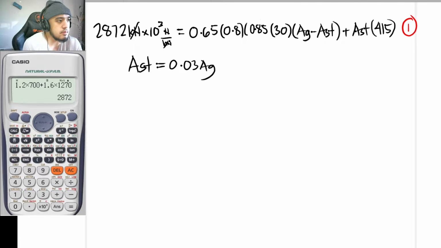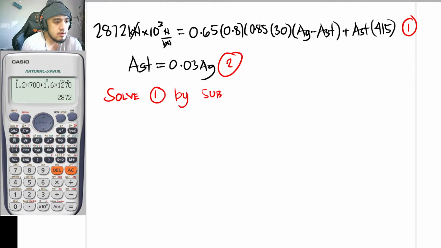This is my equation number 2. Moving forward, I would now solve equation number 1 by substituting equation number 2 in equation number 1.